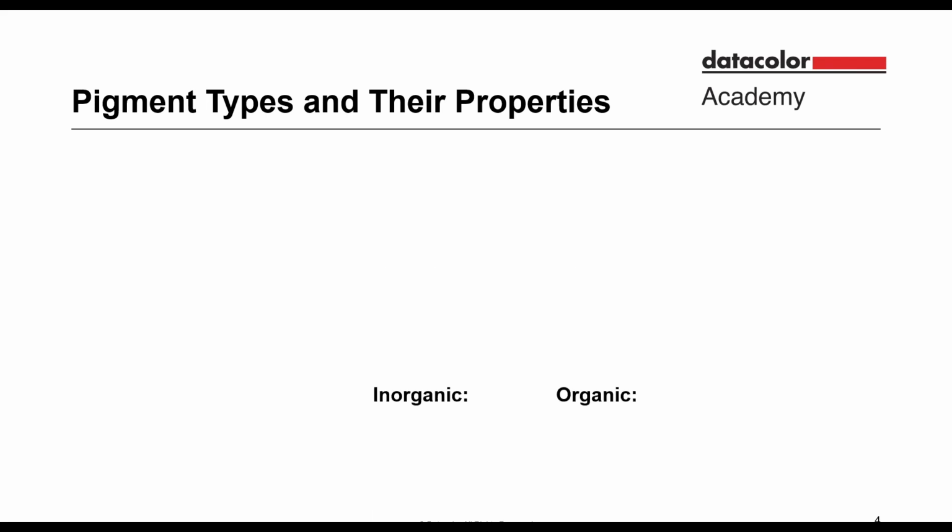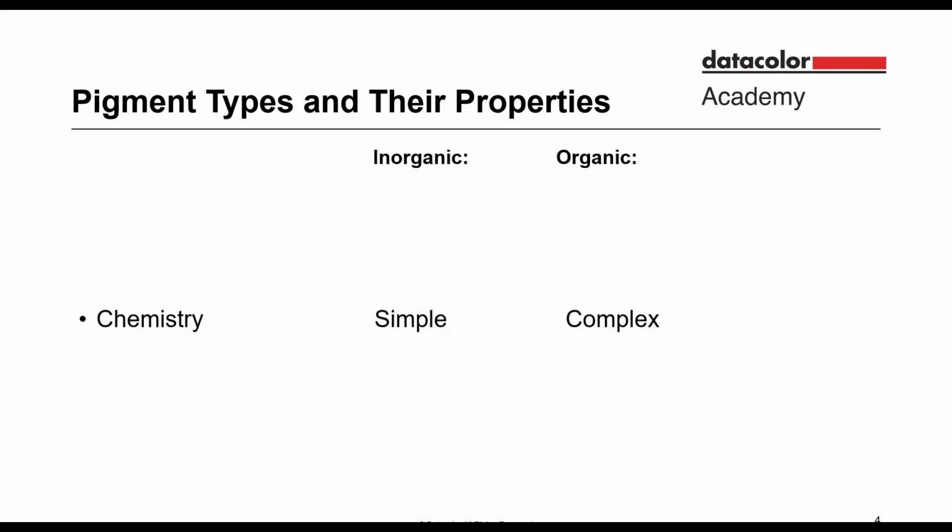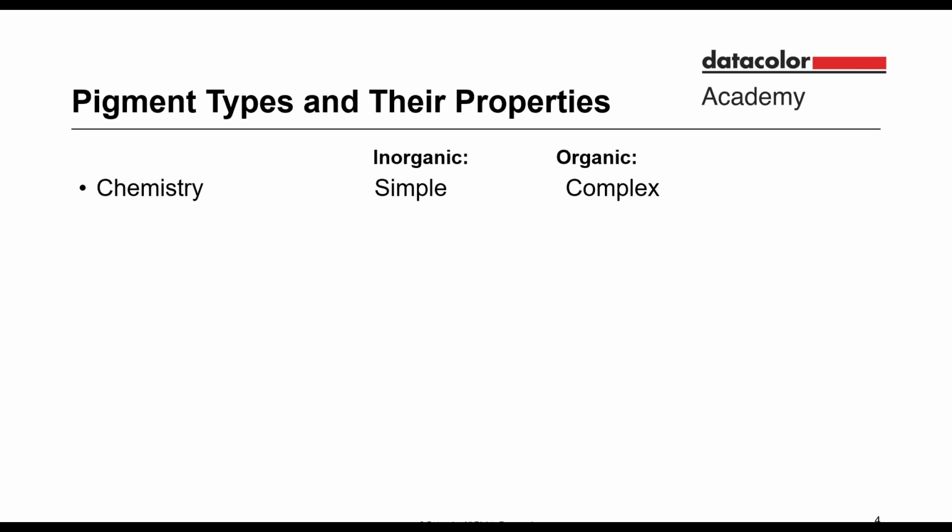So some of the properties that we're looking at for these, as far as comparing inorganic to organic colorants, is chemistry. The chemistry for the inorganic colorants is very simple. As I said, a lot of these are taken straight from the ground and are more natural, whereas organic colorants are man-made and complex in their nature. The cost is low for inorganics, where on organic colorants, since they are synthesized, the cost is high.